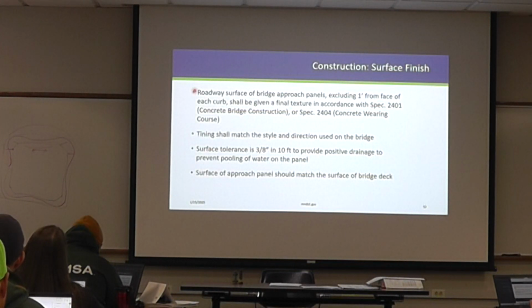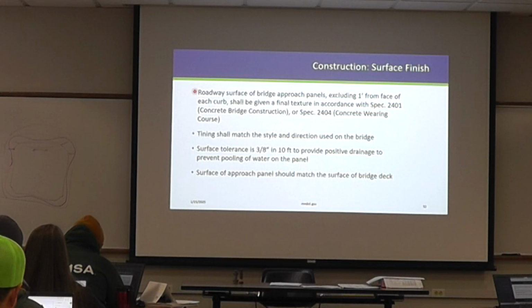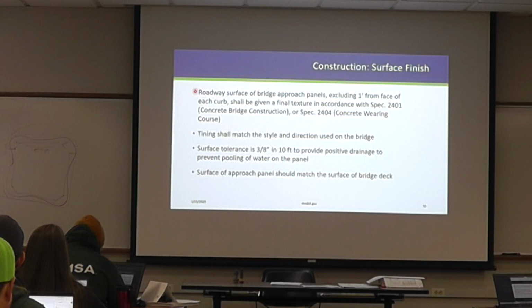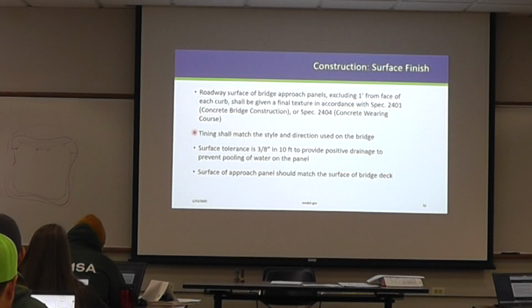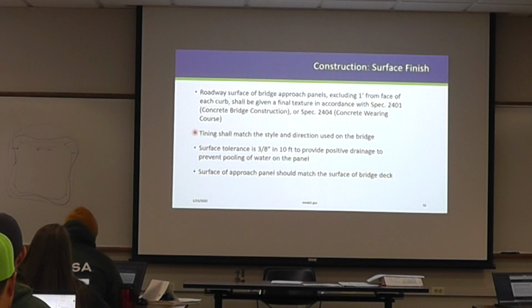Surface finish: the roadway surface finish of bridge approach panels, excluding the 1 foot face from each curb basically, shall be given a final texture in accordance with 2401, or 2404 if there's a separate wearing course. The tining for the approach panel should match what's on the bridge, the direction and the style of it.